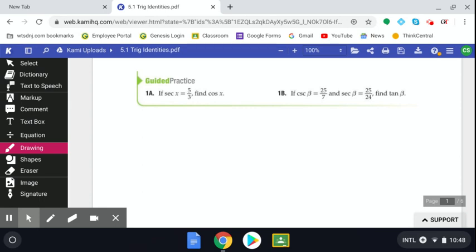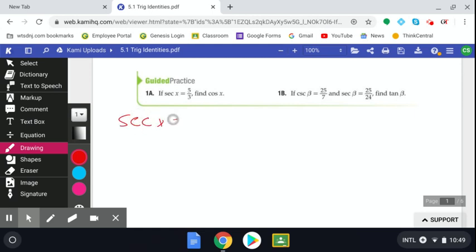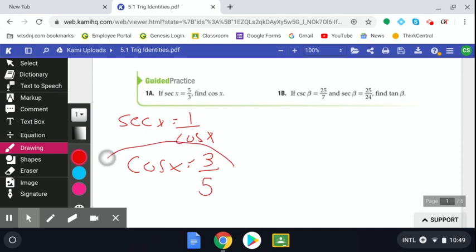If you use the identities we just talked about, you should know that secant x is 1 over cosine x and vice versa. So all you have to do is flip the fraction and you get that cosine x is equal to 3 over 5. It's that simple for this one.